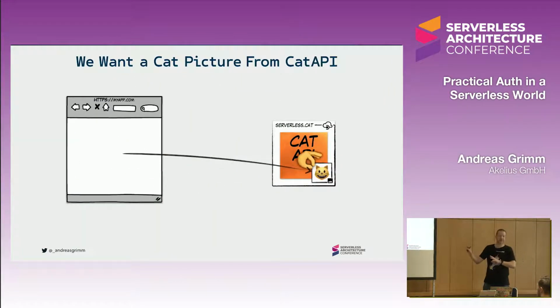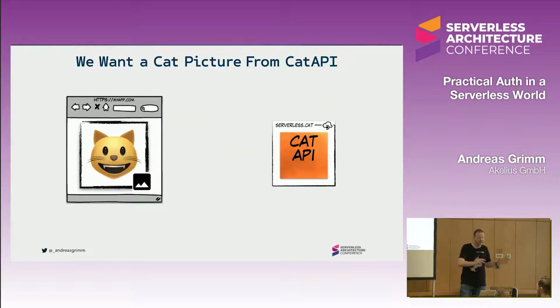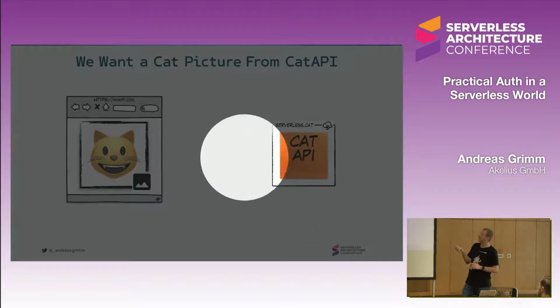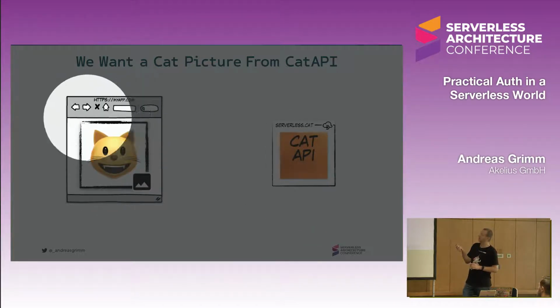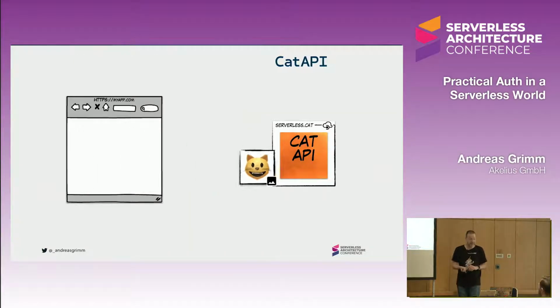Imagine we want a cat picture from this cat API and want to display it in our front end. And really we want to protect this API. And this front end in the browser is just an example client. It could also be Postman or curl on the command line, just to give you an example.